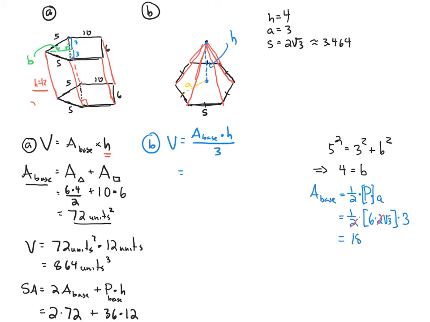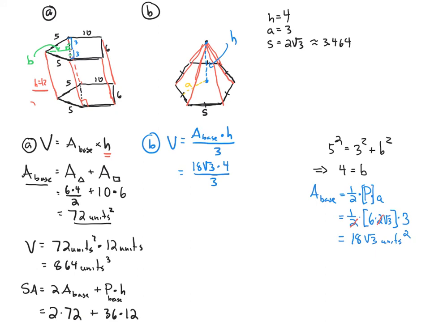So this is 18 root 3 units squared since it's area, which is around 31.18 units squared. I'm going to leave it as 18 root 3 though. So this is 18 times root 3, that's the area of the base, times a height of 4 over 3.